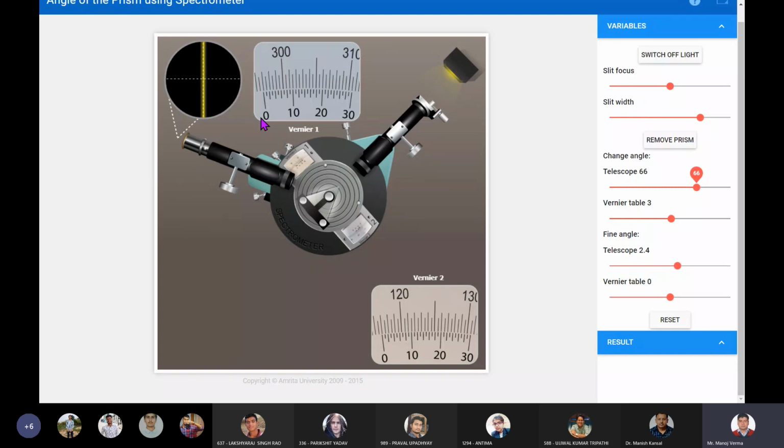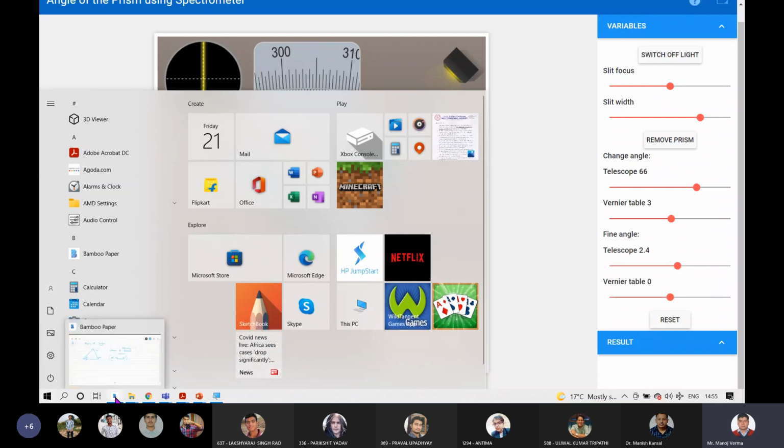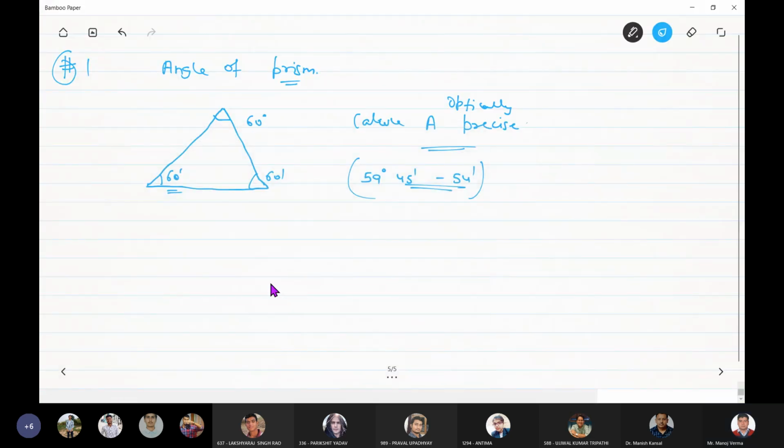Okay. So on vernier scale 1, my observation was 297 something.